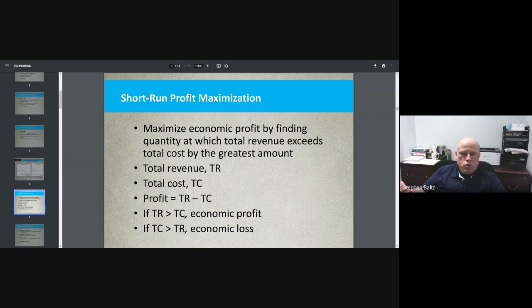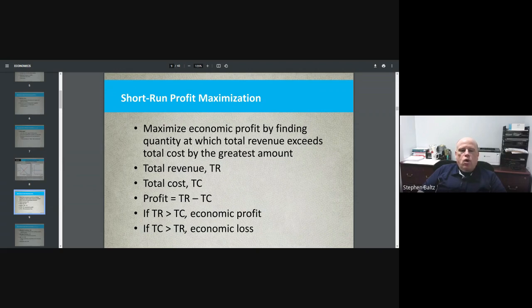So total revenue, or TR, make sure you understand what that is. Total cost normally uses the acronym TC, and then profit is just your total revenue minus your total cost. And that's true of any firm, whether it's a perfect competitor, monopoly, monopolistic competition, or oligopoly. It doesn't matter what market structure you're facing as a firm, your profit is going to be determined the same way.